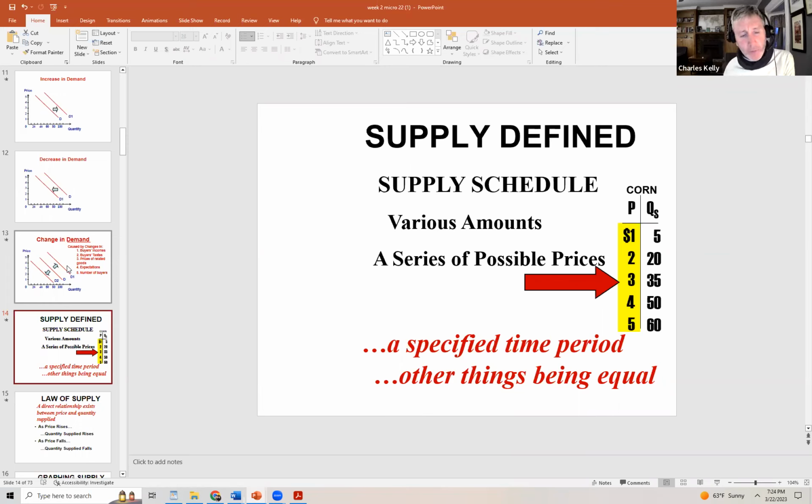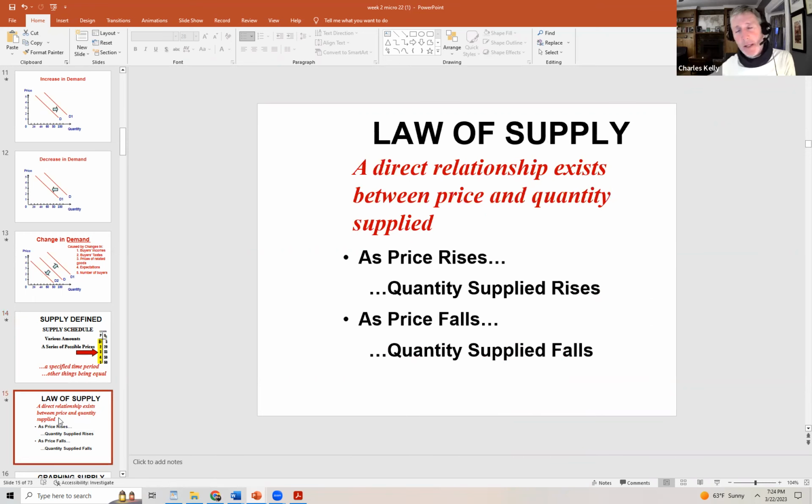So the various amounts of a good or service or resource that sellers, producers are willing and able to make available for sale, at a series of prices, in a specified amount of time, other things equal. So unlike demand, there's this direct relationship between price and quantity supplied. Price up, quantity supplied increases; price down, quantity supplied decreases.